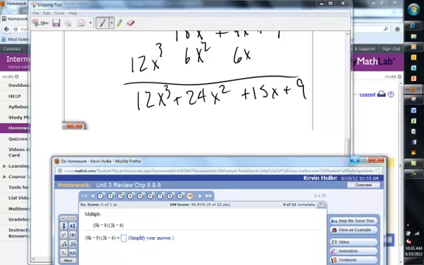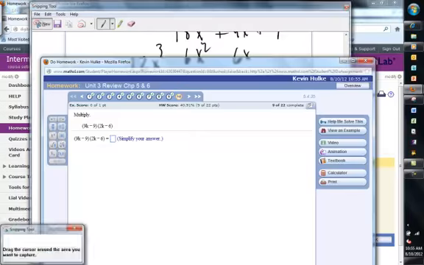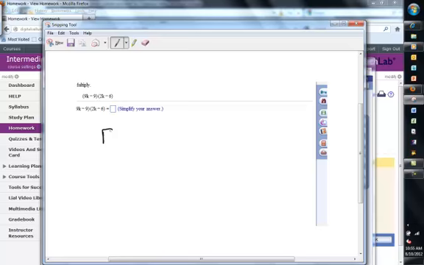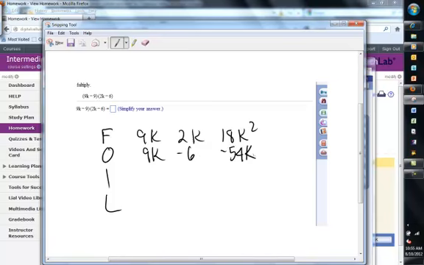Next one. Ooh, we can multiply this one using FOIL because it's 2 terms by 2 terms. So we have first, outside, inside, last. 9k times 2k is 18k squared. Outside, 9k times negative 6 is negative 54k.